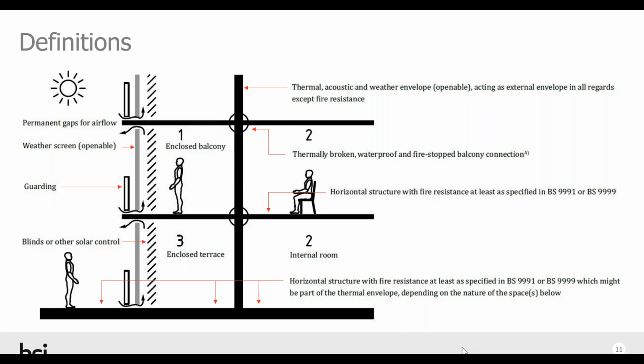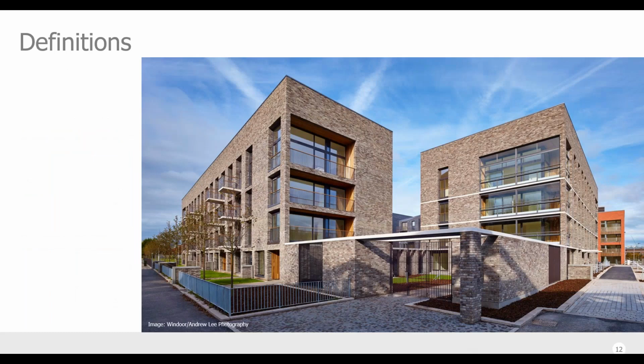Next slide, please. We've got a few more definitions. So in this one, the block on the left would be a recessed balcony, and on the right would be an enclosed recessed balcony. So what are the differences between the projecting balconies, recessed balconies, and so on and so forth?